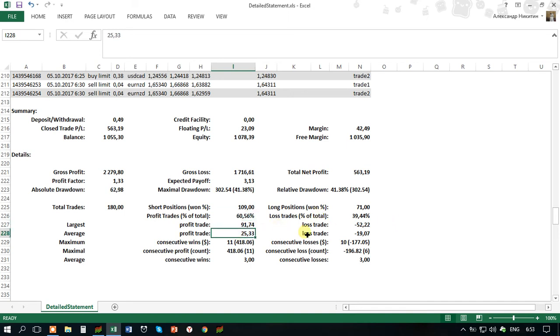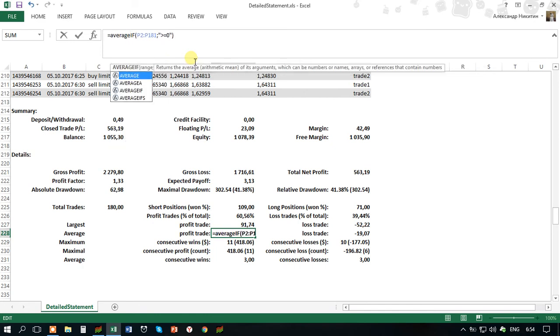Okay, average profit trade. To do that, we need this formula. Control C to copy. It is quick copy. And we need to paste it here into the cell. Control V. Look at this formula. It counts those trades that are more than 0 within this range. But this time we don't need to count them. This time we need to calculate the average.